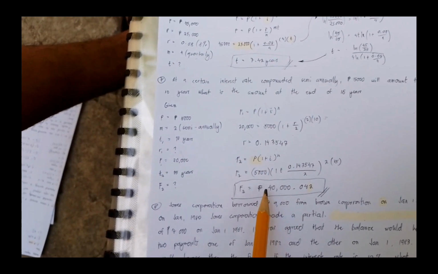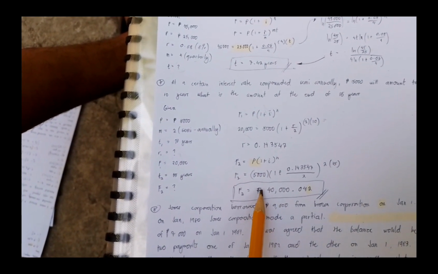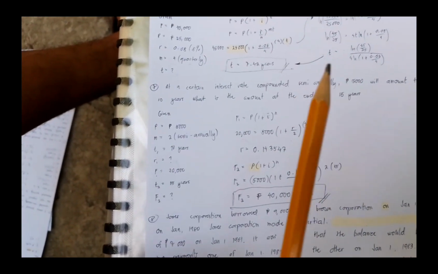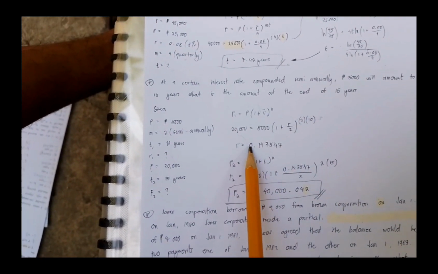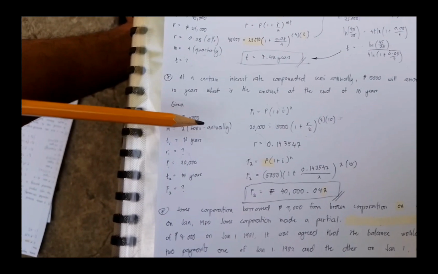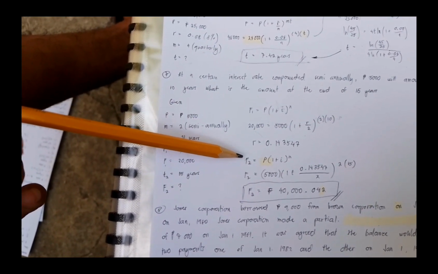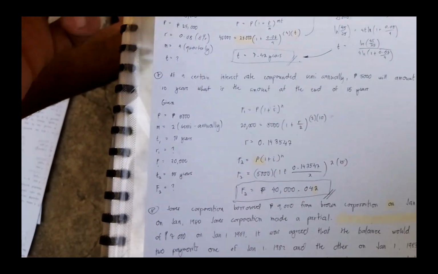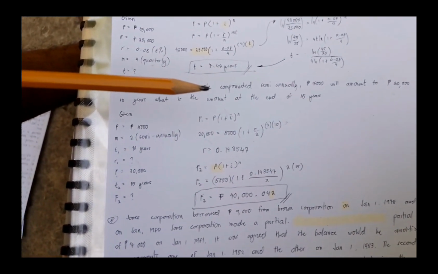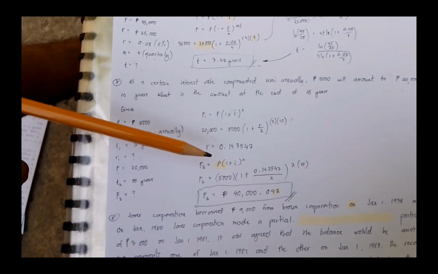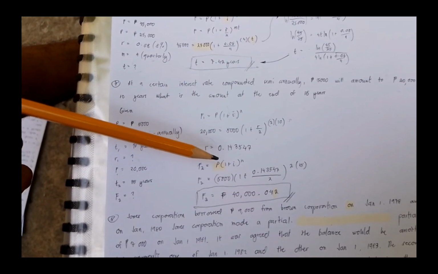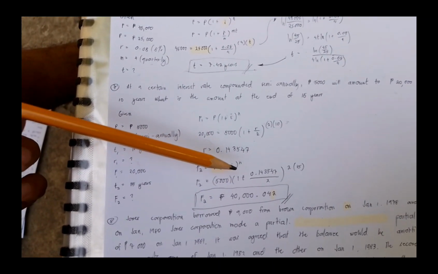For the future value in 15 years, I use shift store for the value of R. Using the compound interest formula for F2, we're now computing for the 15 years. So F2 is equal to P, our principal, times the quantity of 1 plus i raised to n.